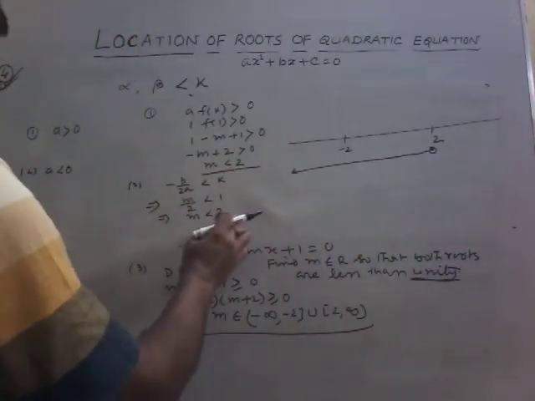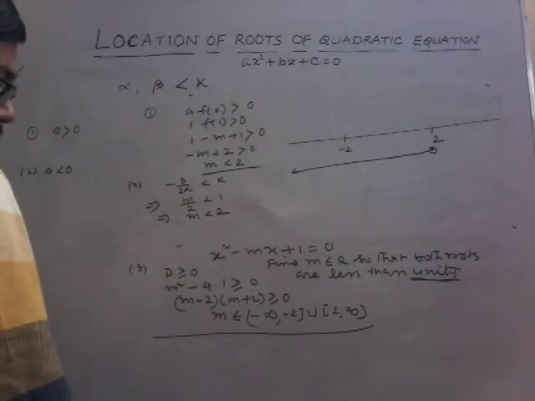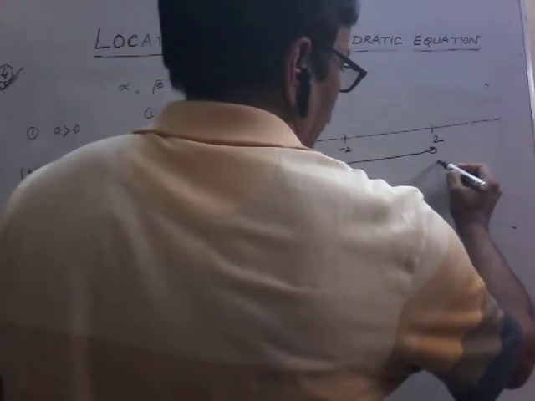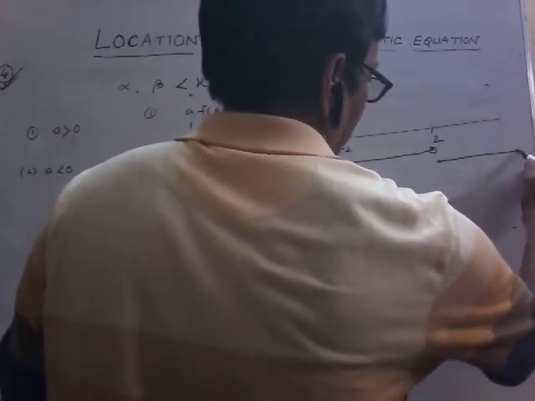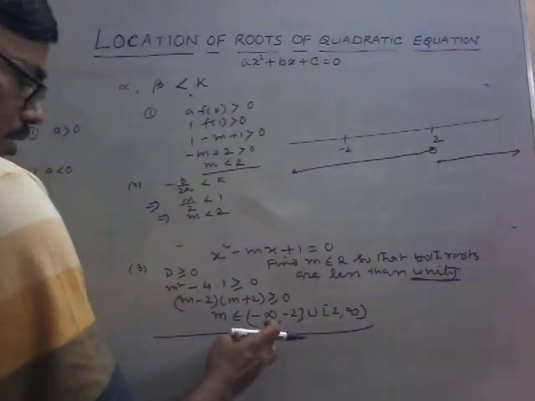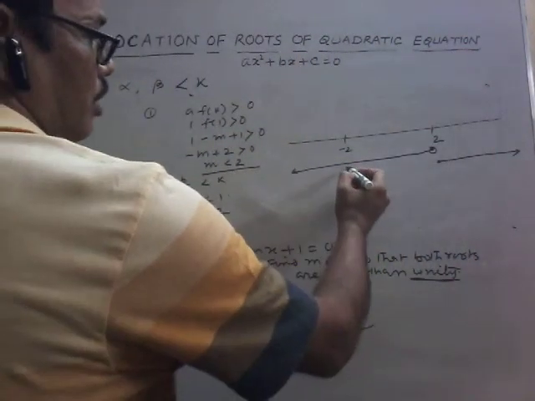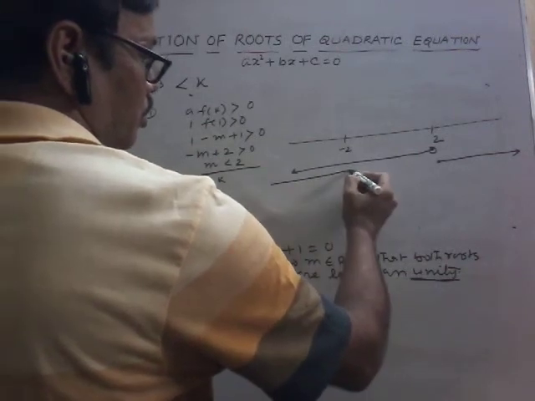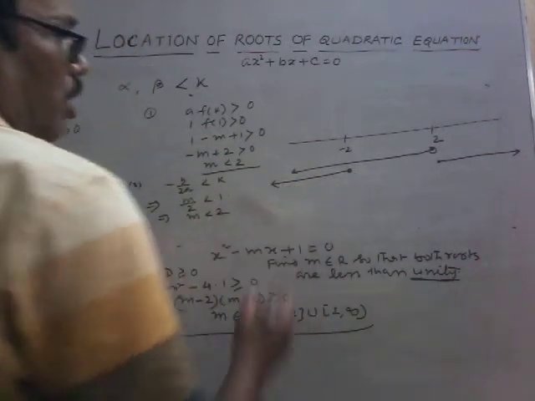Second one also m less than minus 2. For the third one, 2 to infinity, and this is minus infinity to 2.